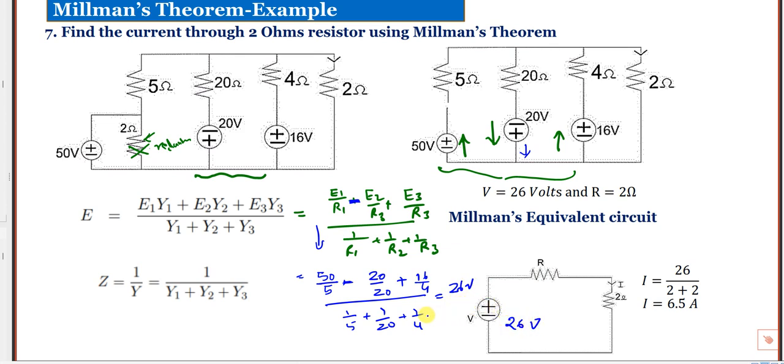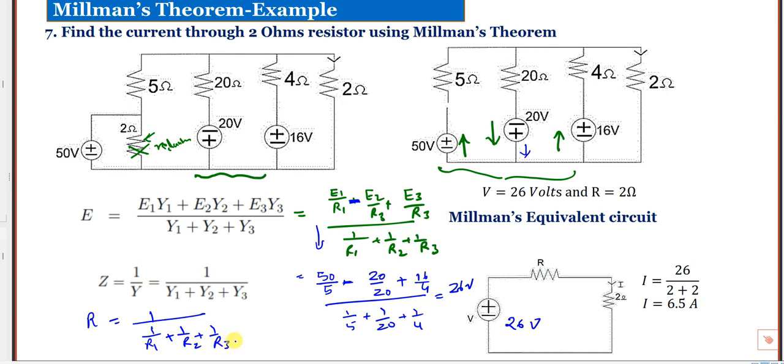So this is the equivalent voltage. Now what is the equivalent resistance R? R is equal to 1 over the sum of 1 over R1 plus 1 over R2 plus 1 over R3.